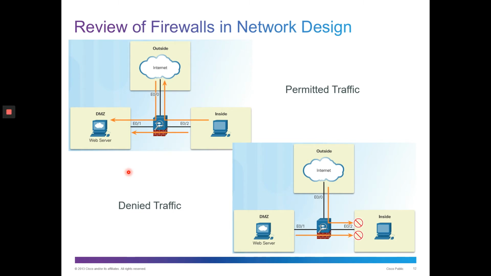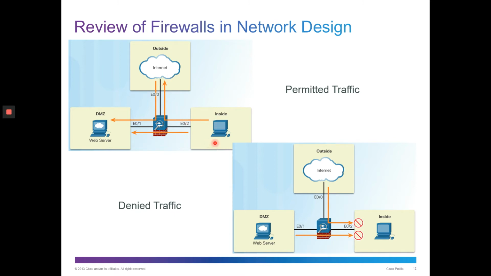Now, going forward to the network designs, I think we discussed a similar design in the past as well, where you have the outside network, the DMZ, the demilitarized zone, where you put your web servers, and your inside network as well. In this topology, any traffic going from inside to outside is permitted.